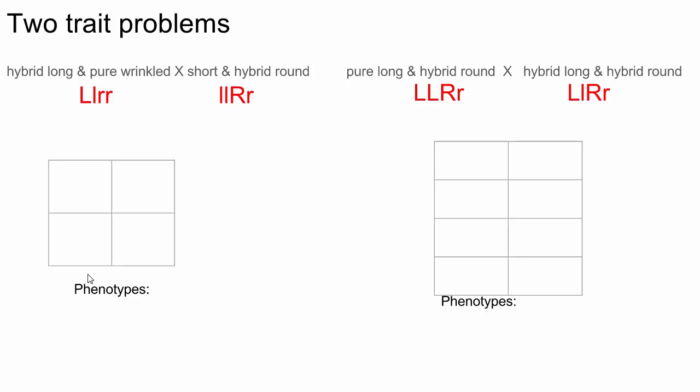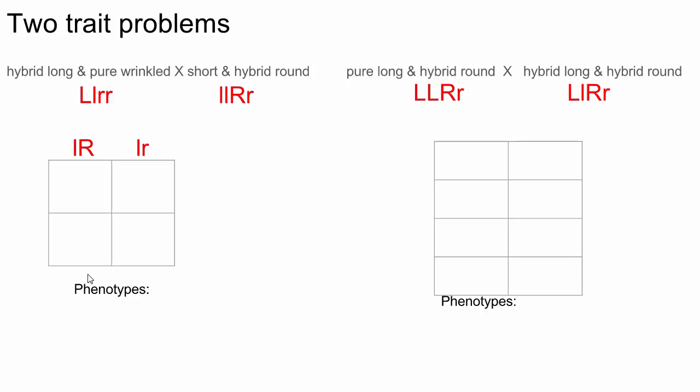And so when we have these multiple traits at one time, we have to look at what our possible combinations are. So if we look first at this parent, which gene can they get for long or short? Well, there's only one option, right? There's only 2 L's, so the first letter is definitely going to be a little l.